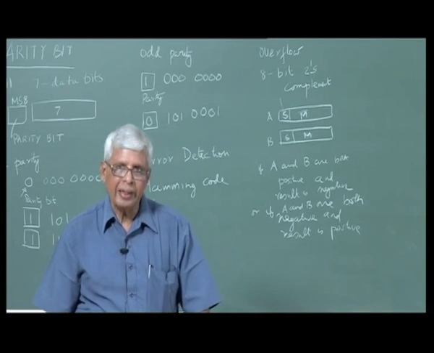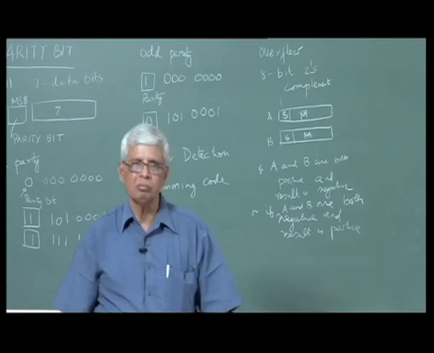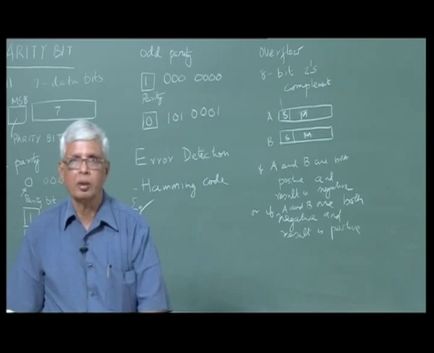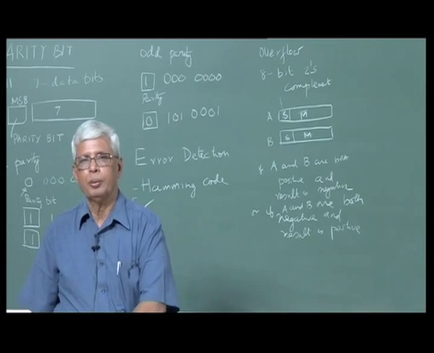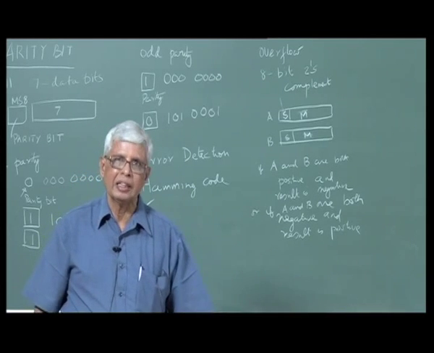Two numbers with positive sign added should give a positive result. Two negative numbers added should give a negative result. If the result is different, it is because of overflow.